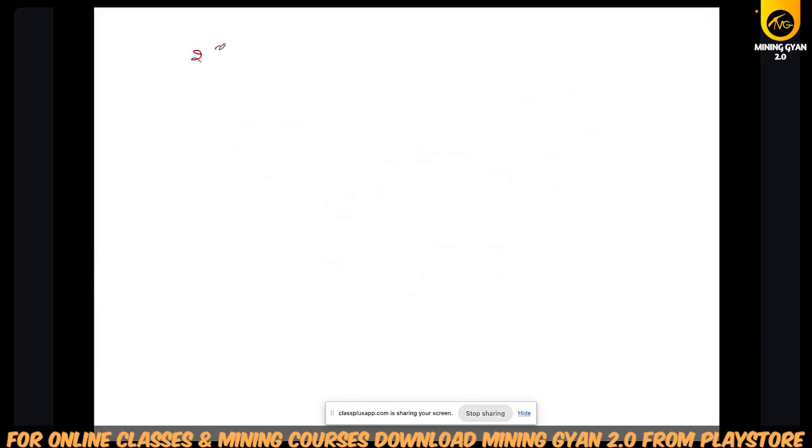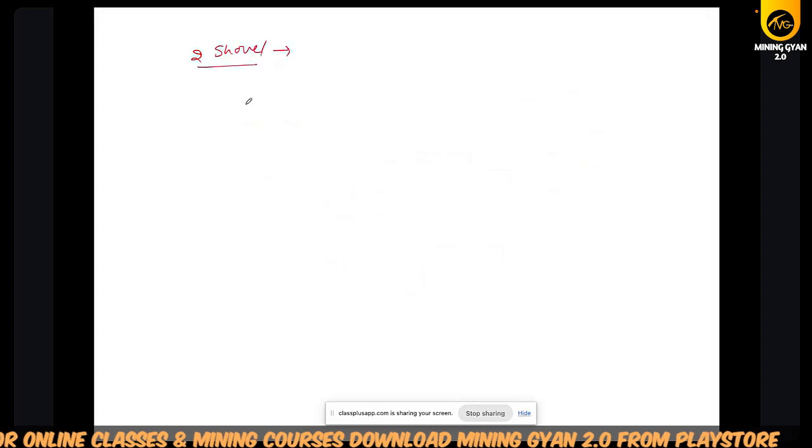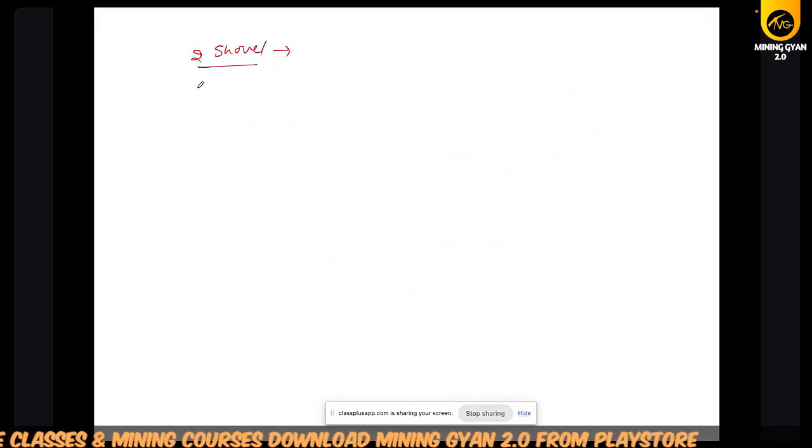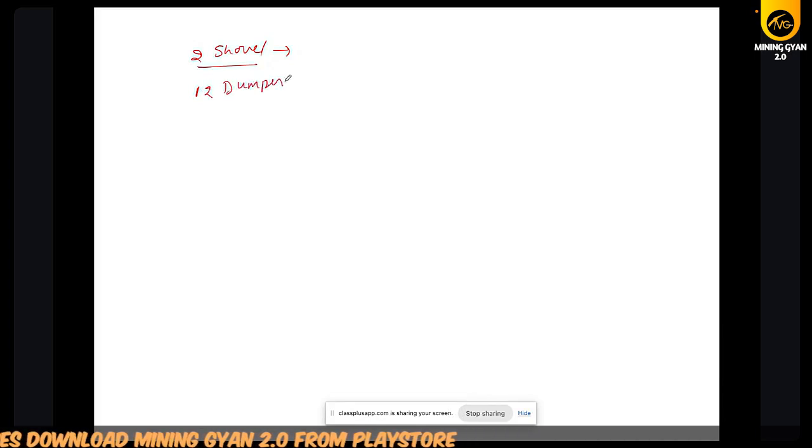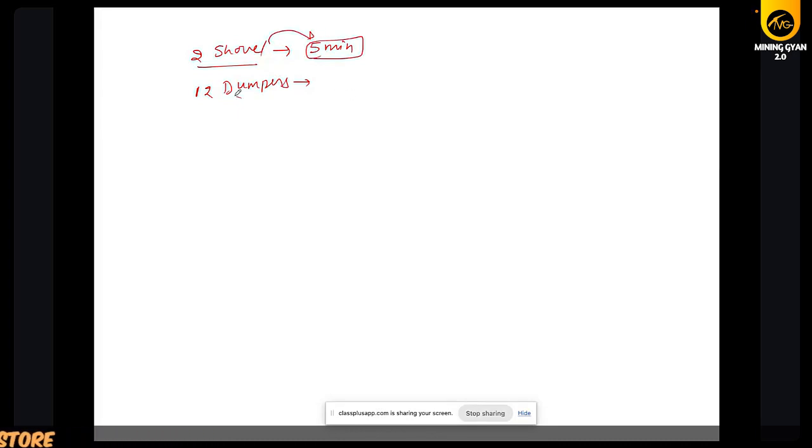If you have 2 shovels and 12 dumpers, where one shovel can fill a dumper in 5 minutes and the dumper cyclic time is 20 minutes, then find out the match factor.